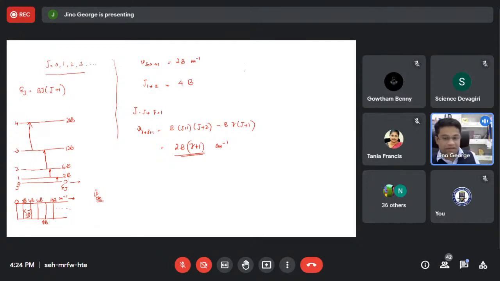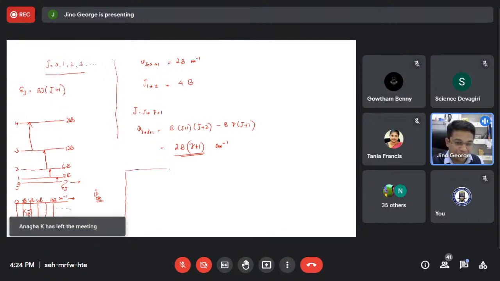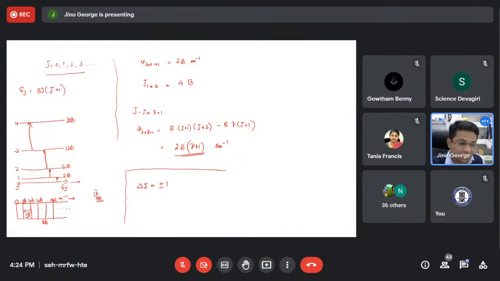Another thing about this transition: I am not going to discuss the selection rule in detail, but I write the selection rule as delta J equal to plus or minus 1. So J from 0 to 1 is possible, 1 to 2 is possible, 2 to 3 is possible, and 3 to 4 is possible.